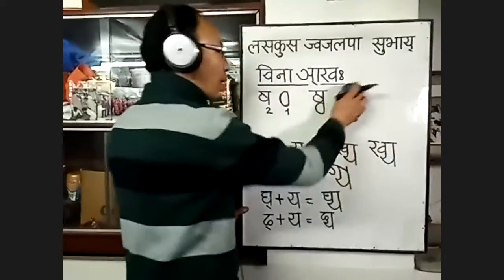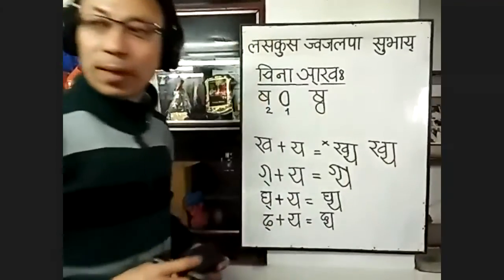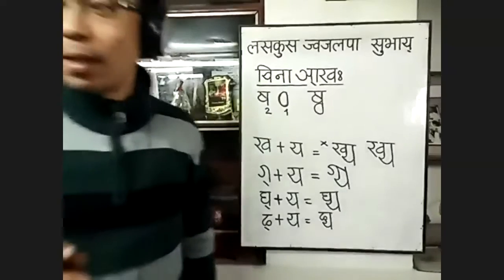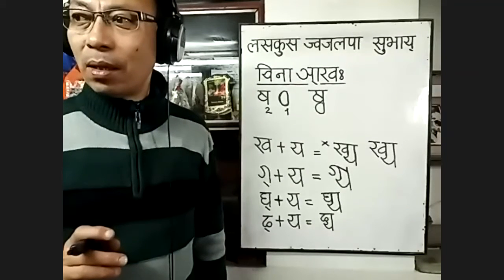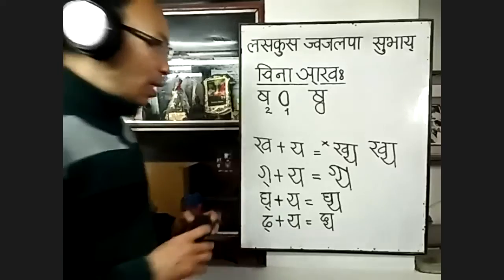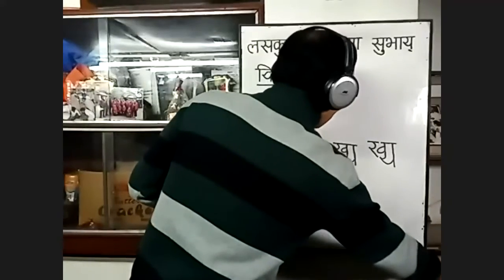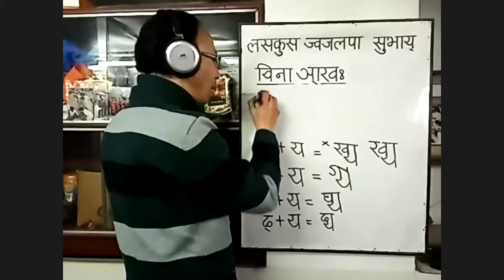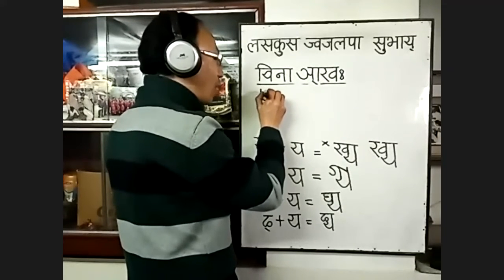So can you write the full word Shrestha? Yes, Anuruddh Basu. Sir, can we do the full Shrestha word? So first, let us know what letters are there in Srestha. It has Sa.